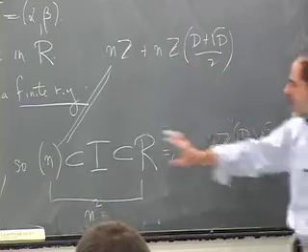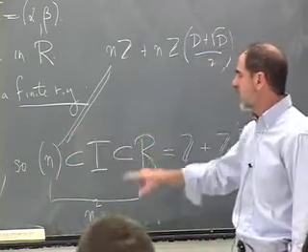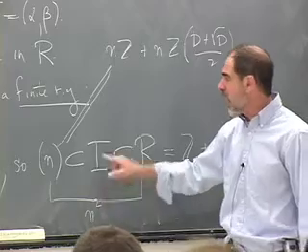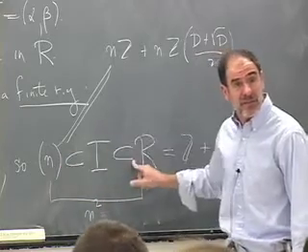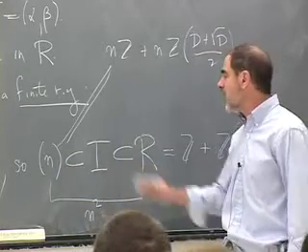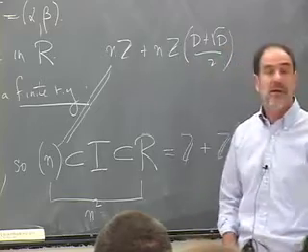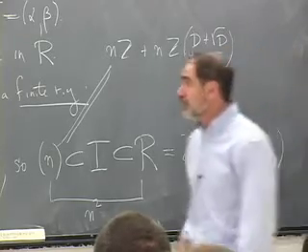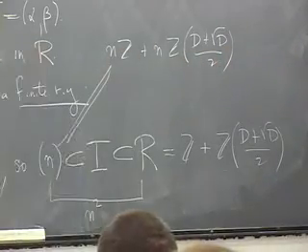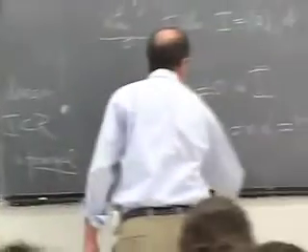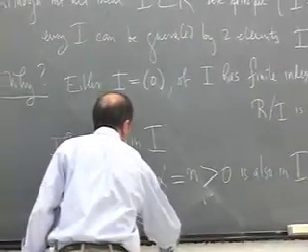So the index of this principal ideal in the ring is n squared. And I is squeezed between this and this. So the quotient R mod I is finite, and the index of I in R is less than or equal to n squared.